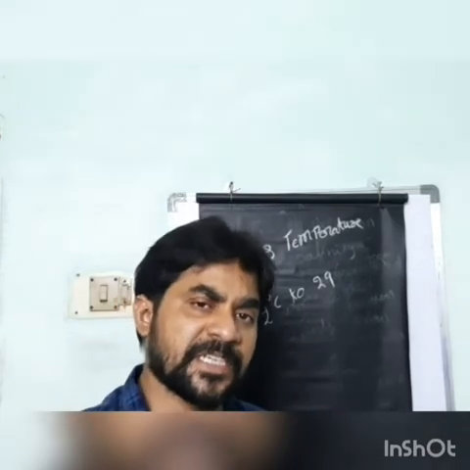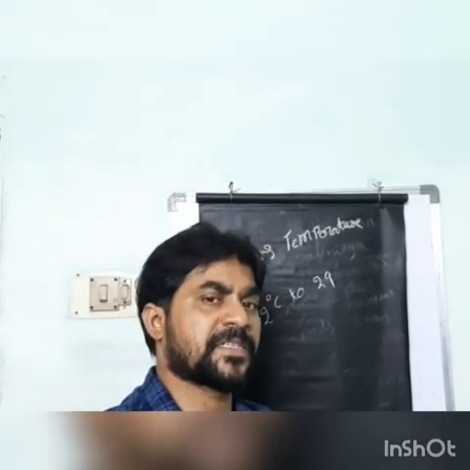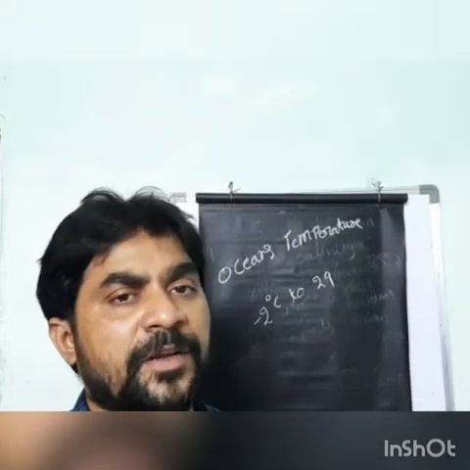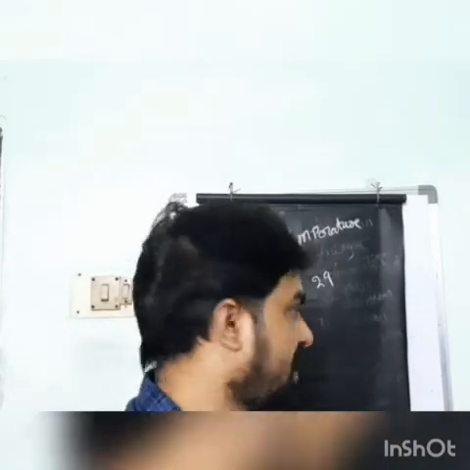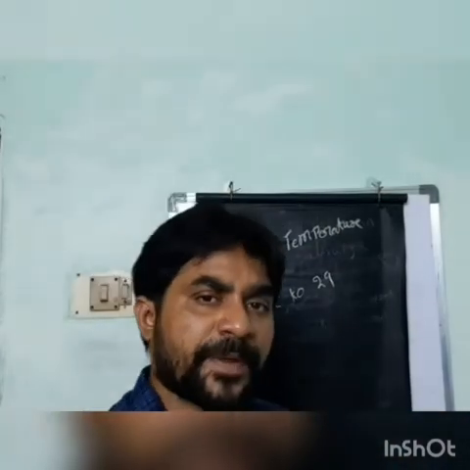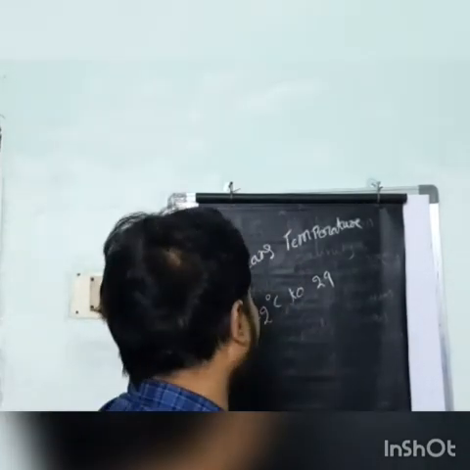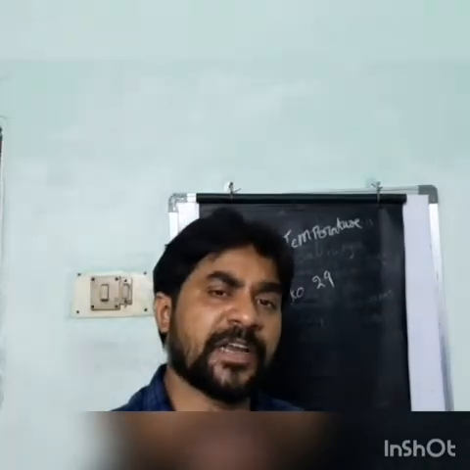This temperature varies, meaning it is different from one area to another. In one area the temperature is different, in another area the temperature is different. But the average temperature of the ocean is -2 degrees to 29 degrees.